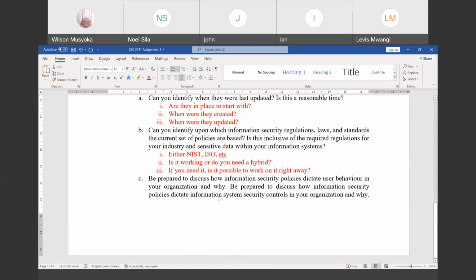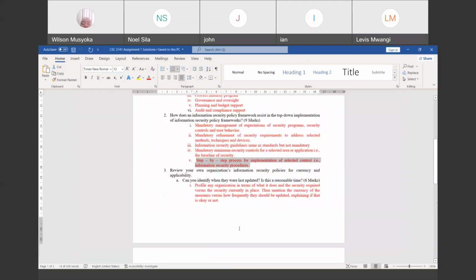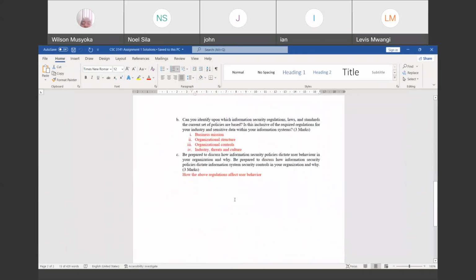And then be prepared to discuss how information security policies address user behavior in the organization and why. When you are talking about user behavior, how are they going to address that?